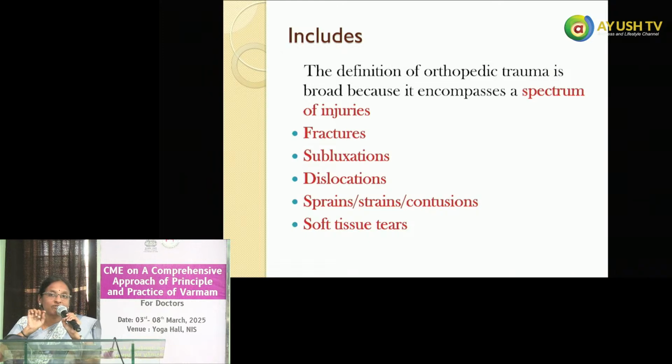For soft tissues, a sprain means a ligament is overstretched, with a partial or complete tear of a ligament. A strain is a muscle or tendon injury. Contusion is a blood clot or hematoma formed in the soft tissues. So now we will discuss completely the fractures.